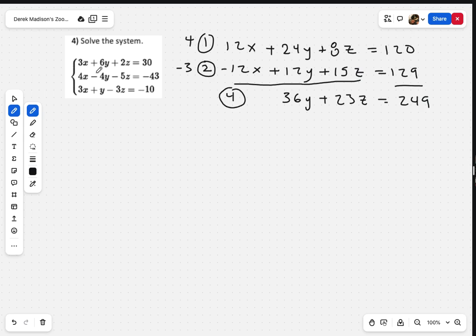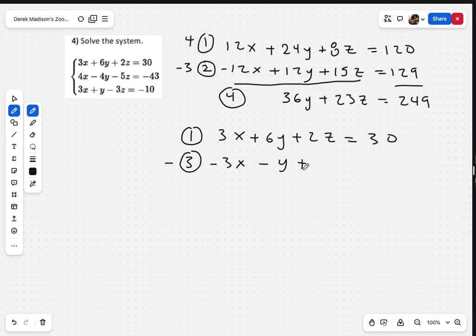So then I did 1 and 3 together, and I did negative 1 times equation 3 just to get those signs flipped. So let me get that written out. So equation 1, 3x plus 6y plus 2z equals 30, and then the negative of equation 3, or negative 1 times equation 3, would be negative 3x minus y plus 3z equals, and then I'll flip that to a positive 10.